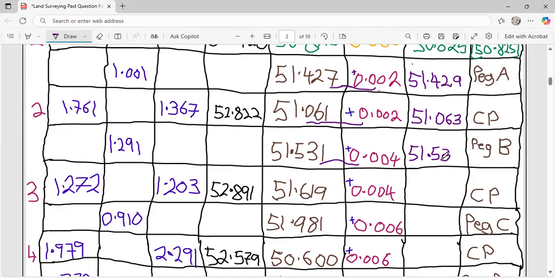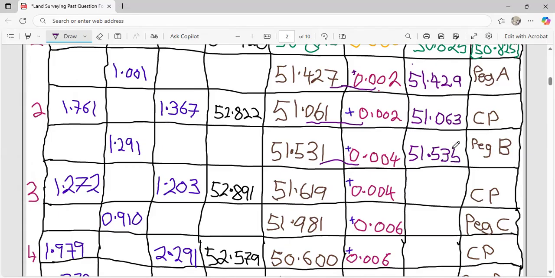Let's quickly punch the rest and quickly fill in the table so that we can wrap up for today.